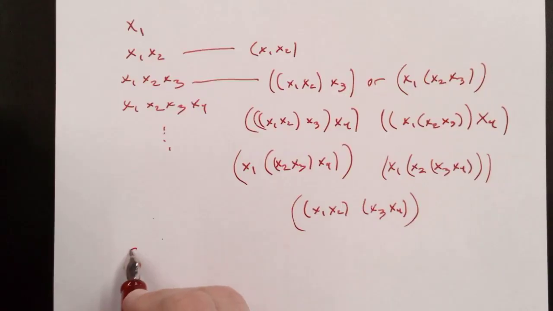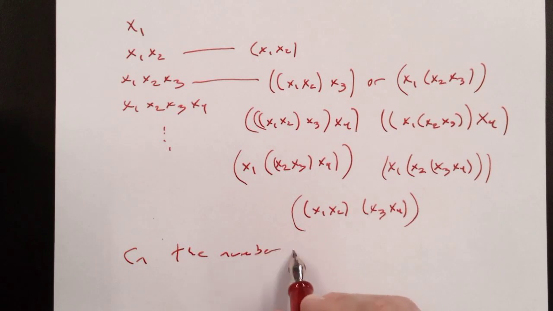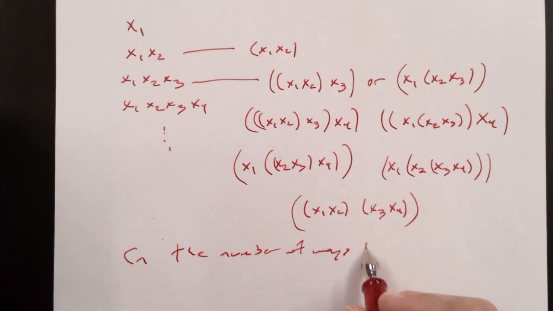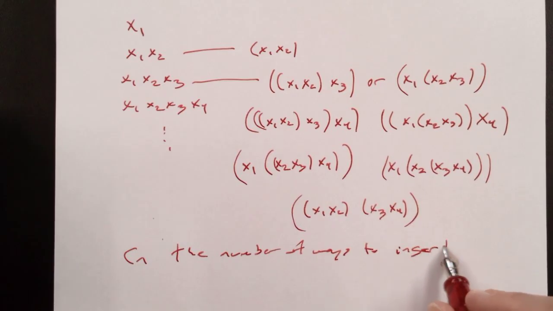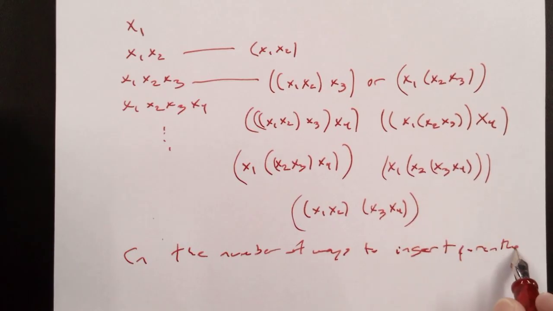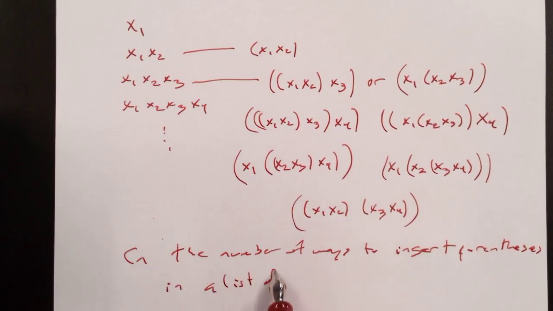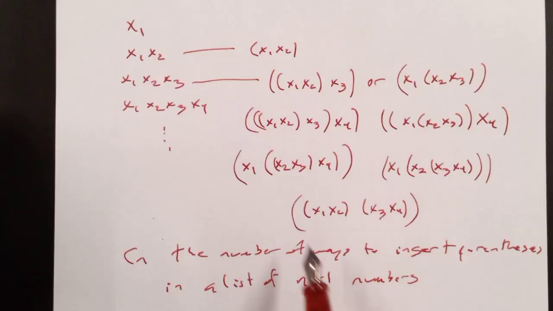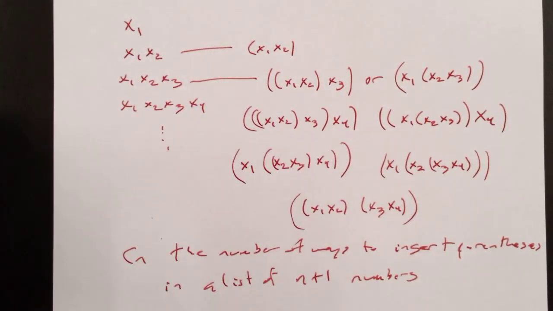So let's call Cn the number of ways to insert parentheses in a list of n plus 1 numbers. So C0 is 1. A list of one number, you don't insert any parentheses at all. One way. An empty way, but one way.